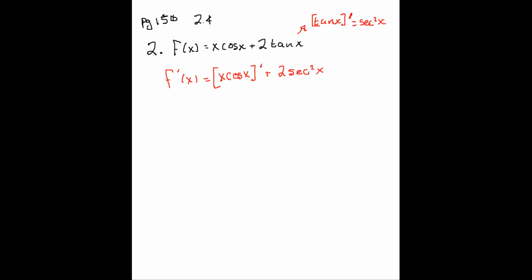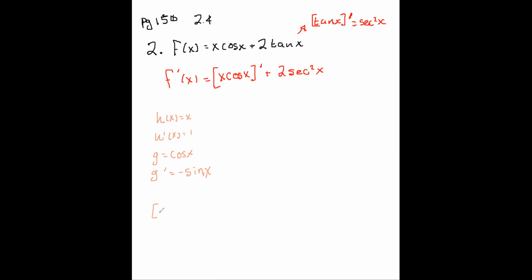Here, on the other hand, we're going to have to use the product rule, where we're not going to use f, we're going to use h, because I already have an f in the mix right now. h of x is equal to x, h prime is equal to 1. g is equal to cos x, and g prime is equal to negative sine x.